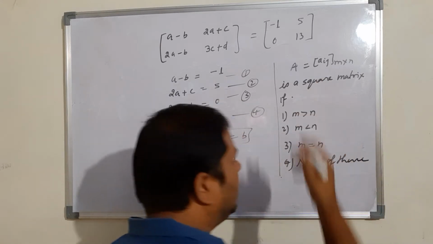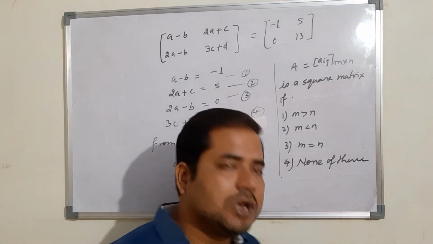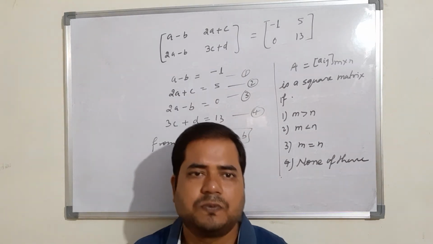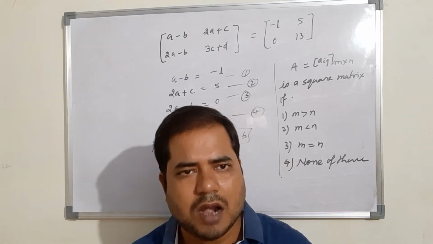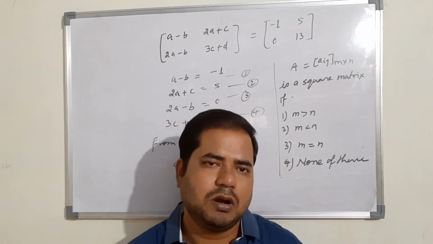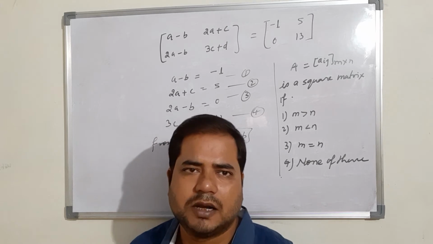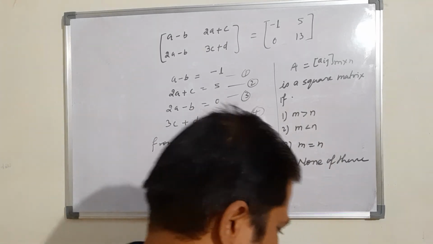Obviously, from the definition of a square matrix, if a given matrix of order M cross N is a square matrix, then the number of rows and columns must be equal. That means M is equal to N.